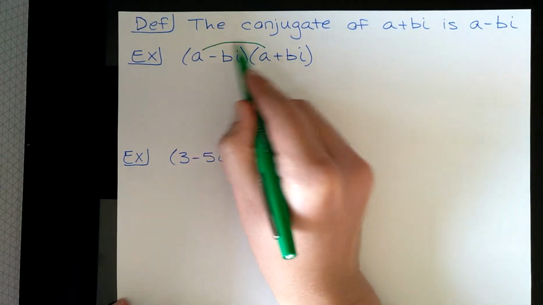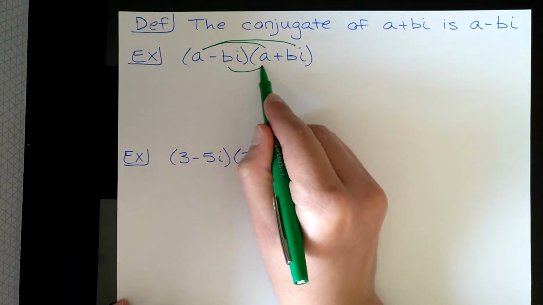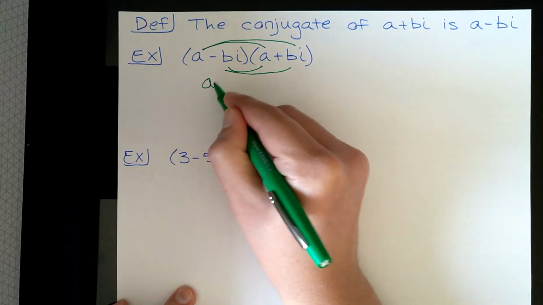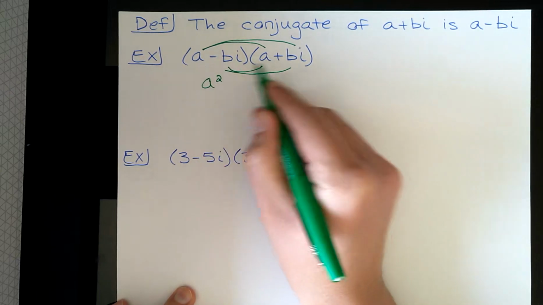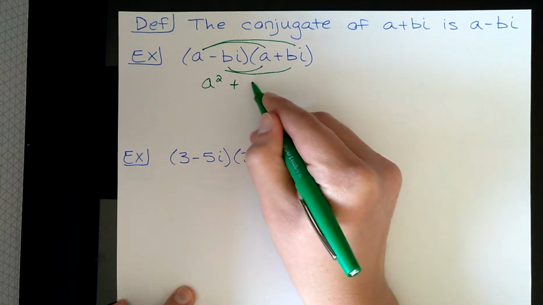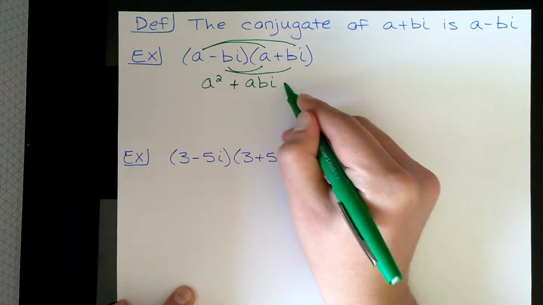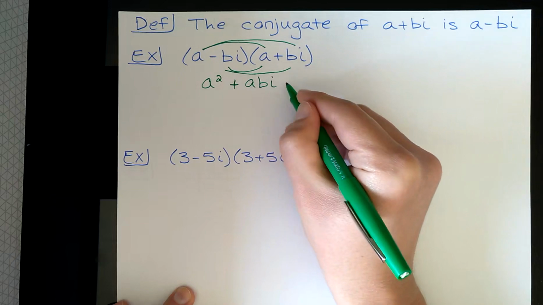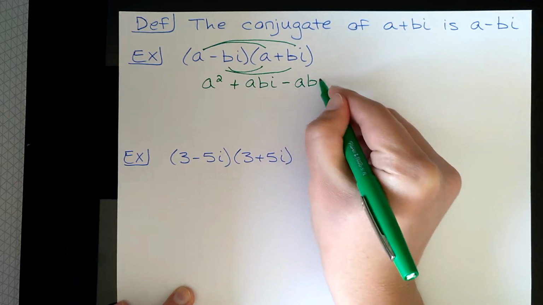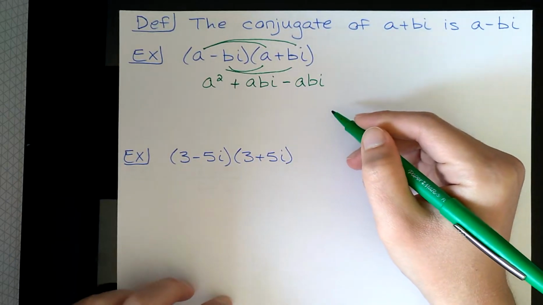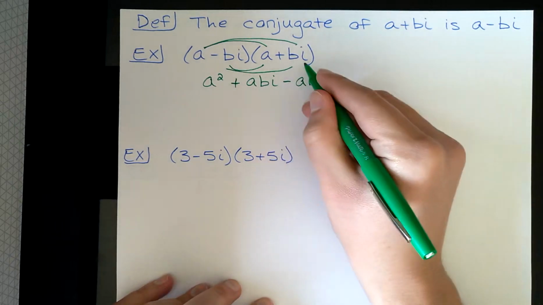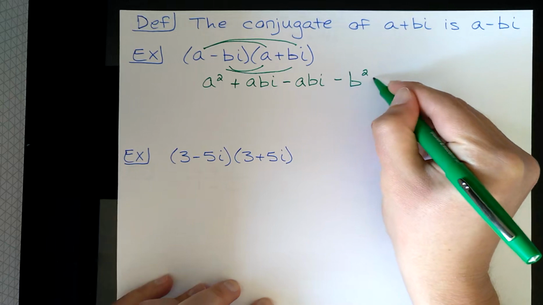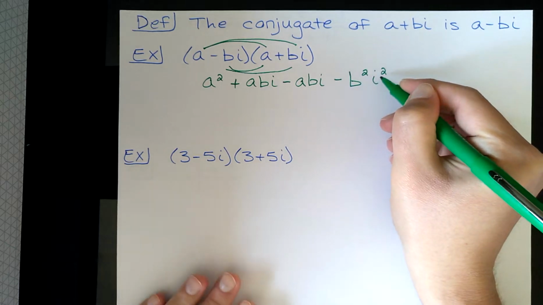So, when we distribute this a and distribute this negative bi, we get a times a is a squared. A times bi is plus abi. Negative bi times a is minus abi. And negative bi times positive bi is negative b squared i squared.